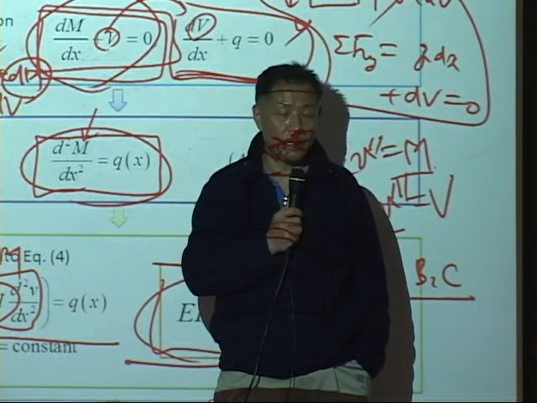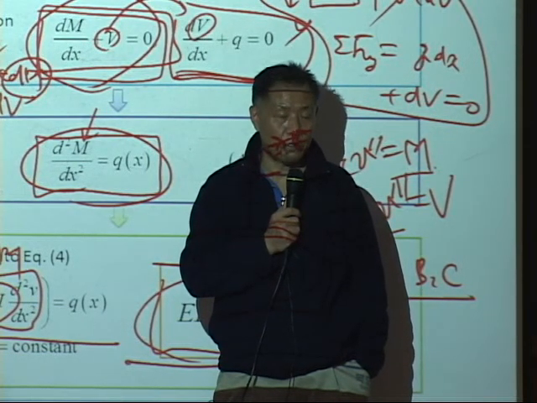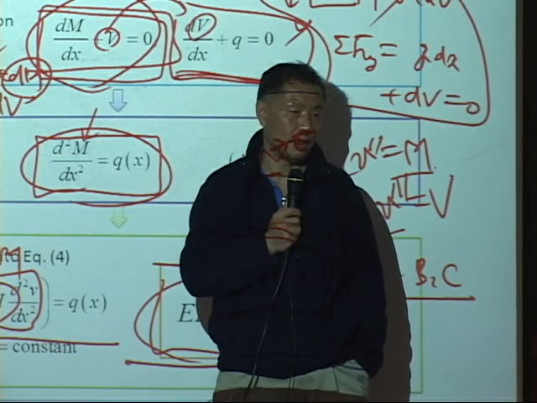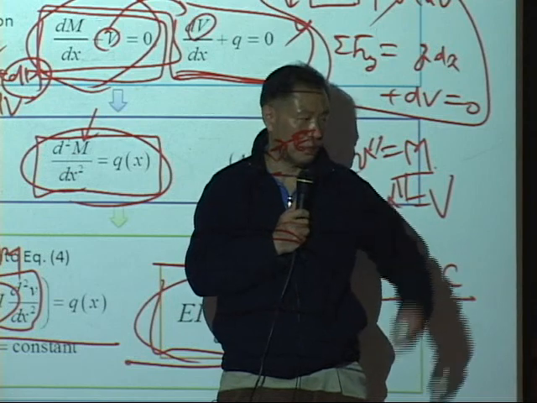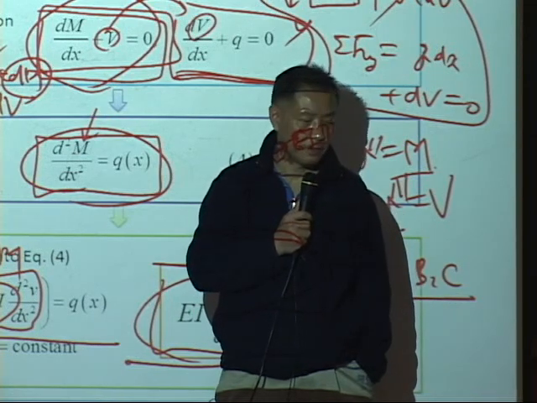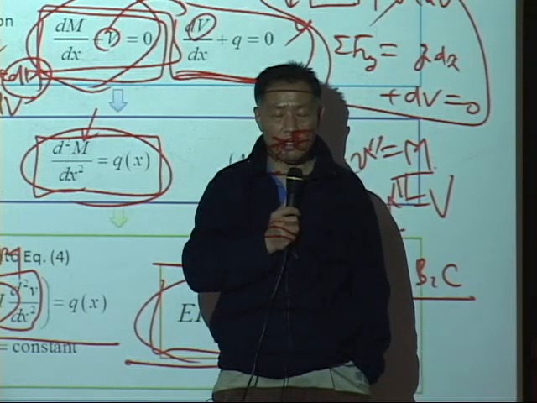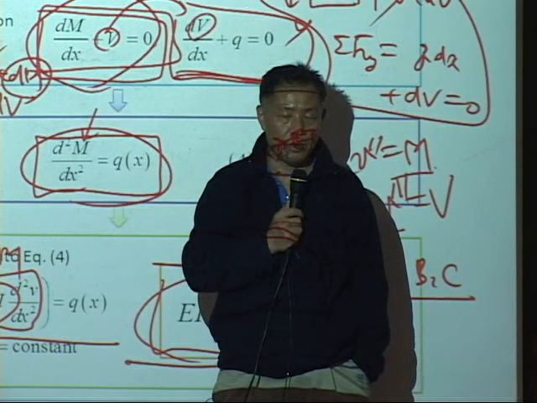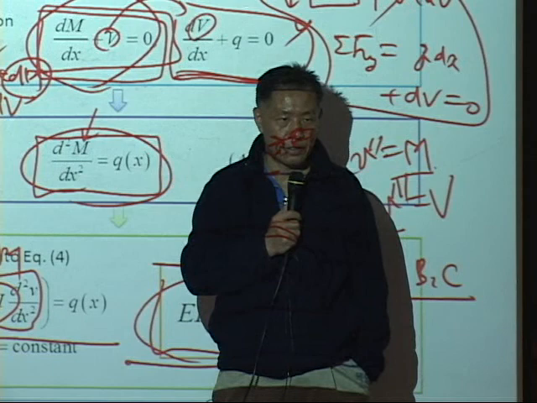Close your eyes and try to remember. And you have to keep practicing, and you have to keep writing. So moment is given by EI curvature. And what is curvature?